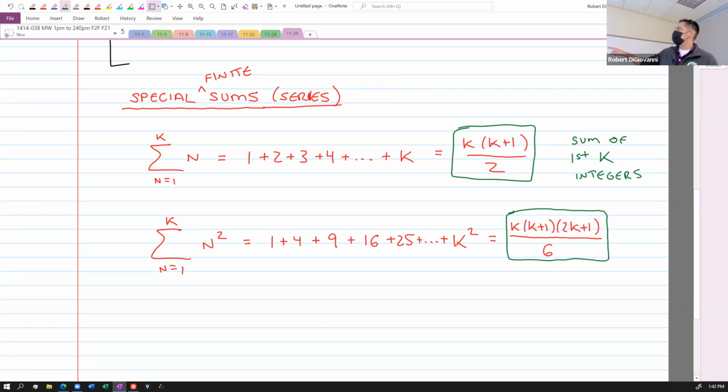Now, before I get to the next formula, with the first one I showed you how the kid Gauss came up with it, and it was pretty cool. I want to show you on this one somewhere where this could actually be used. Think about if you wanted to figure out how many blocks were in a three-dimensional pyramid.